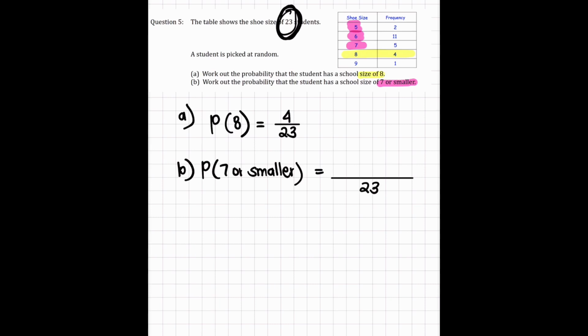The number of them wearing a size 7 is 5, plus the number wearing size 6, which is 11, plus the number wearing size 5, which is 2. So the probability of them wearing a 7 or smaller will be 18 out of 23.